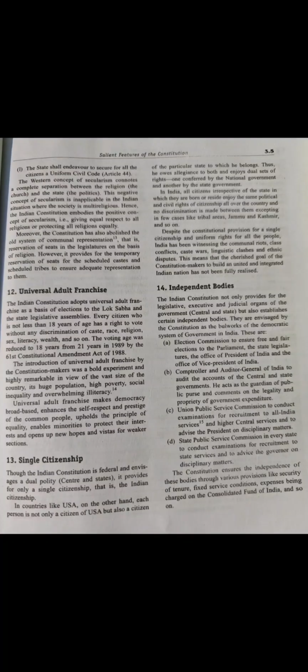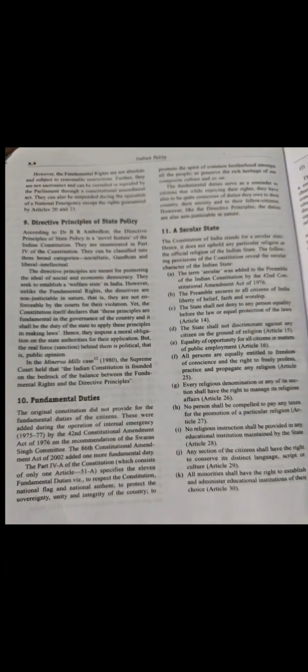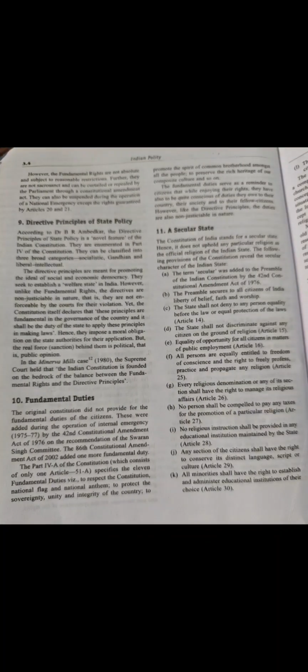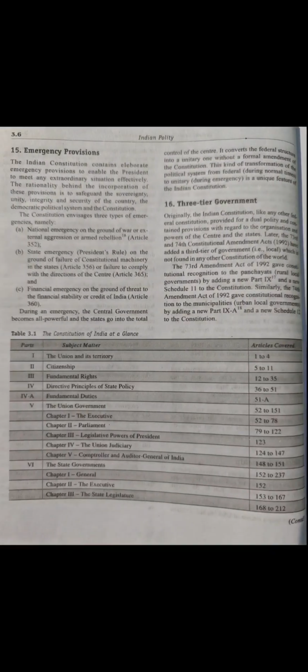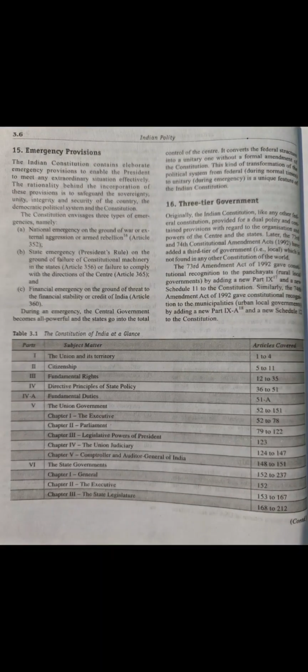The Constitution ensures the independence of these bodies through various provisions like security of tenure, fixed service conditions, expenses being charged on the Consolidated Fund of India, and so on. Now, emergency provisions, which is the 15th salient feature.